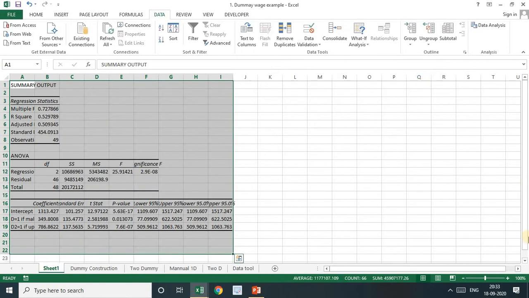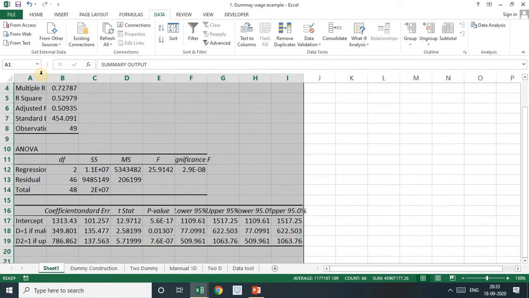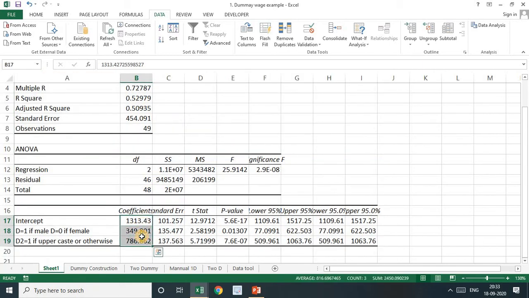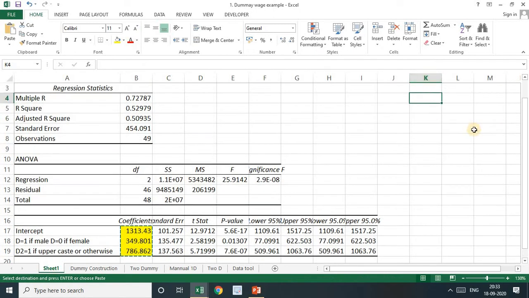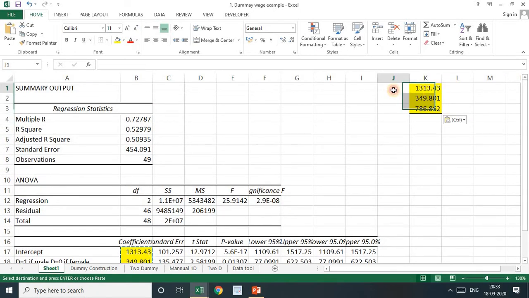Now look at the coefficients. These are all our coefficients. This is beta 0, this is beta 1 and this is beta 2. How can we interpret this result?